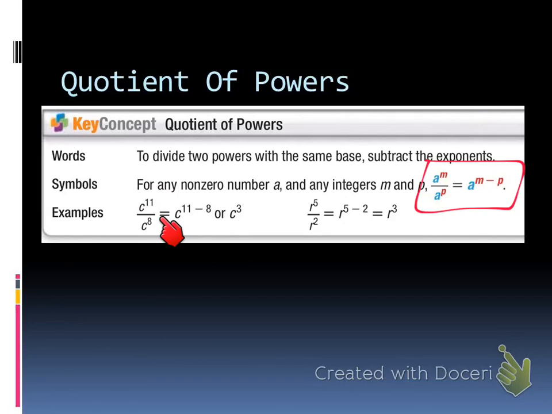When we actually subtract them, which one goes first? 11, then 8. Numerator exponent, then denominator. Look here in the general case: a to the m over a to the p, you do m minus p, top minus bottom. That's the order every single time. If you remember that, you're in good shape.